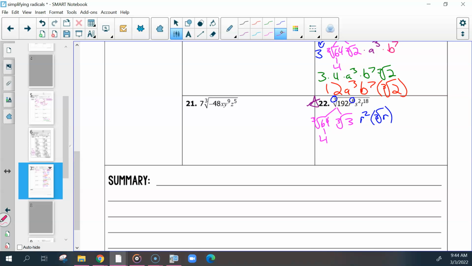No. So that's going to stay underneath the cube root. And 3 goes into 18 how many times? 6. So that would be t to the 6th power with nothing left over. So on the outside we have 4r squared t to the 6th.